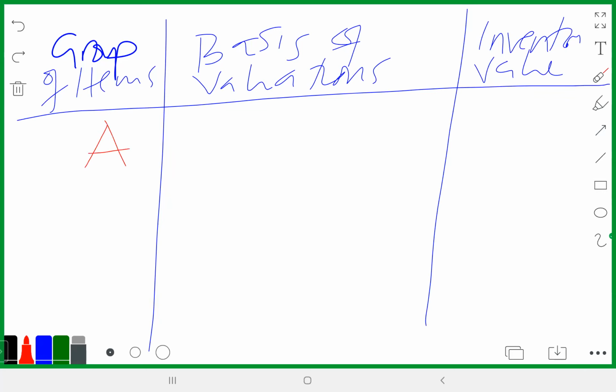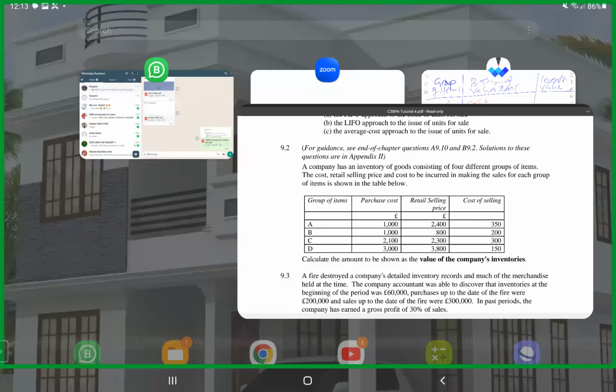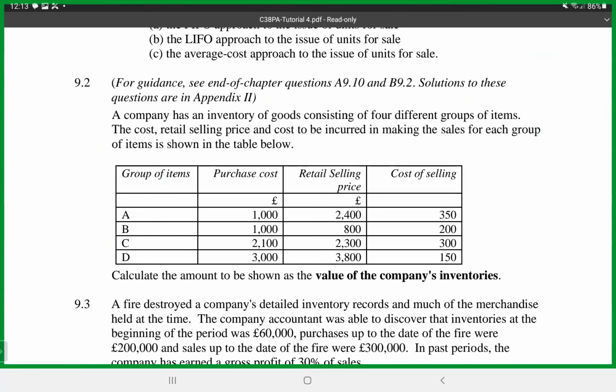The items are item A, item B, item C, D. Then you can have the total thereof. For item A, you start with the cost of the first item. Item A has the purchase cost of what? 1,000. The same shall be the value of the inventory.